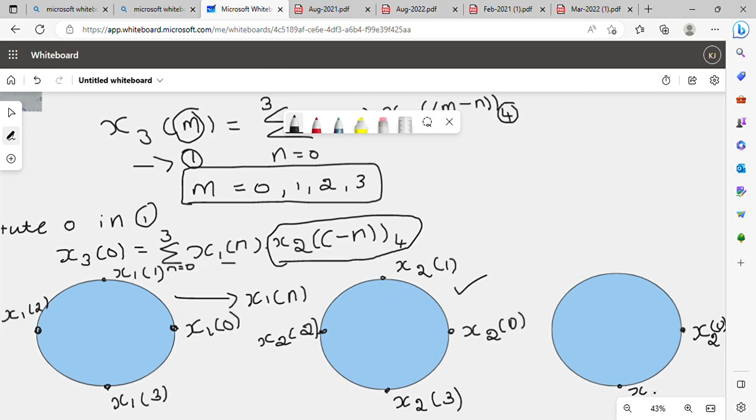So I have to write it in clockwise direction. Please remember. So as I have x2 of minus n over here, x2 of minus n of 4, I have to write it as, you are going to plot this x2 of n in clockwise direction. Right? Yes, it is the opposite. So what is my circular folding? My circular folding here means I have to plot x2 of n in clockwise direction. Right? Yes, that is my circular folding.